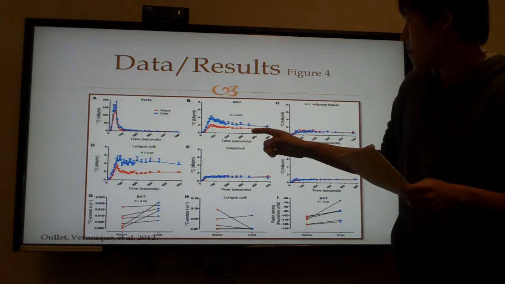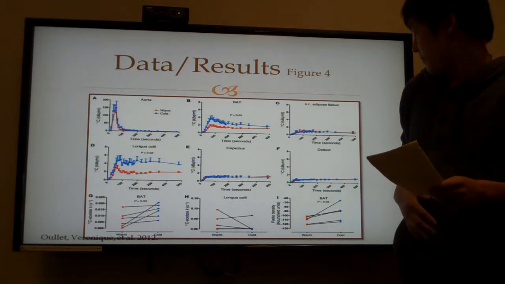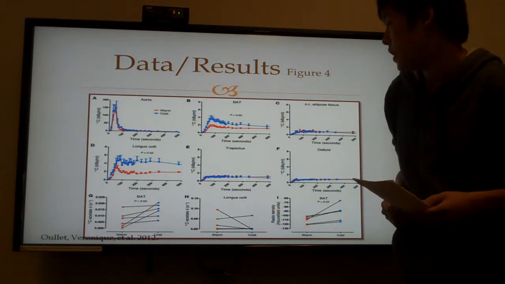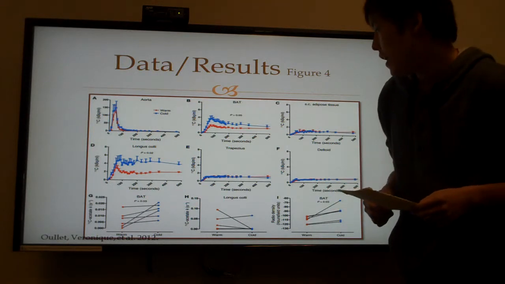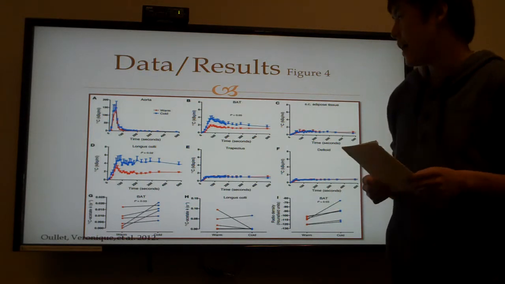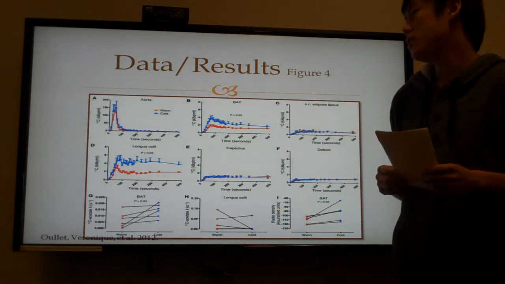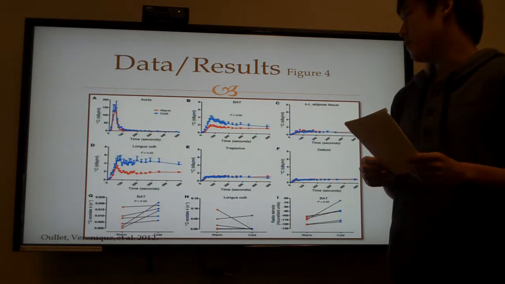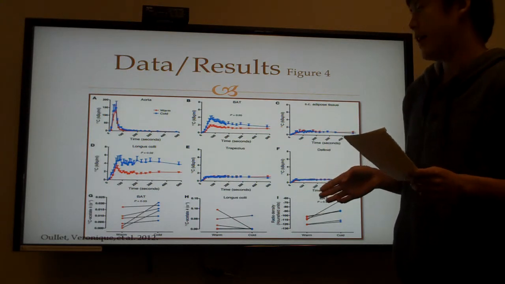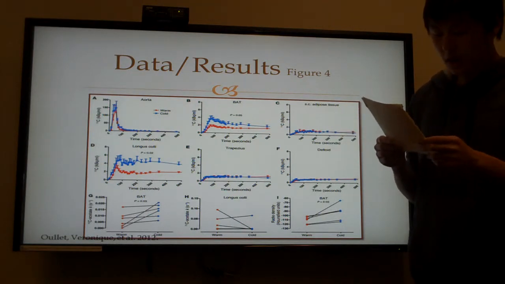And from part B and part D, we can see that the temperature does influence the radioactivity of C11 in BAT and longus coli. But temperature will not influence the radioactivity of C11 in some body tissues like aorta or SC adipose tissue.